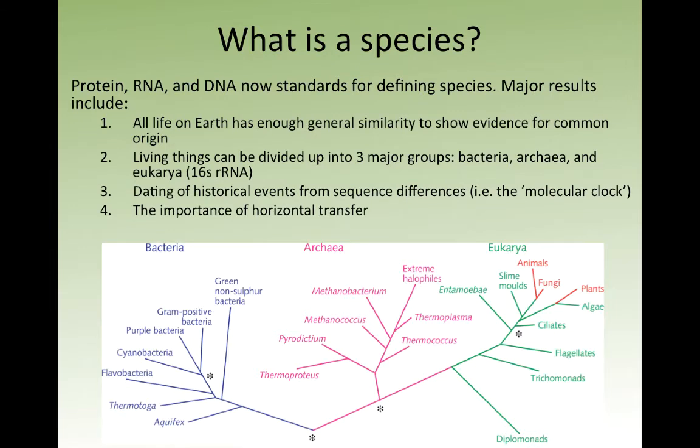Finally, another major result is that horizontal transfer, the movement of genes between taxa, not by vertical transfer, not by passing genes on to your offspring, but by passing genes on to other organisms and species that co-occur with you, has actually become a very important component of how species are created.